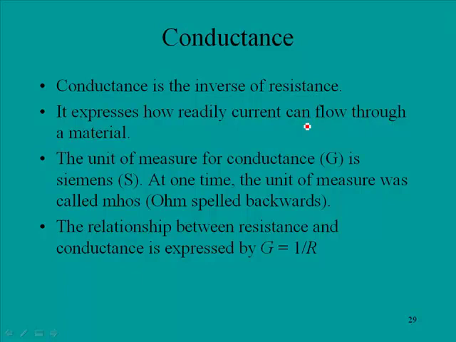The relationship between resistance and conductance is expressed by G equals 1 over R. So whatever resistance is, 1 over resistance will be the conductance, and it's measured in Siemens.